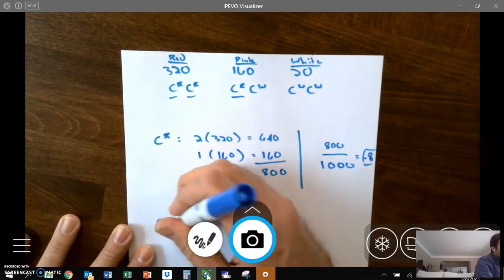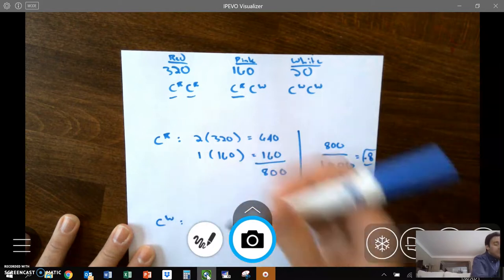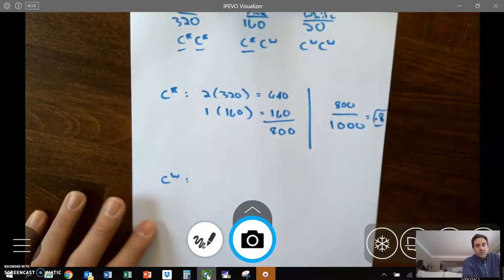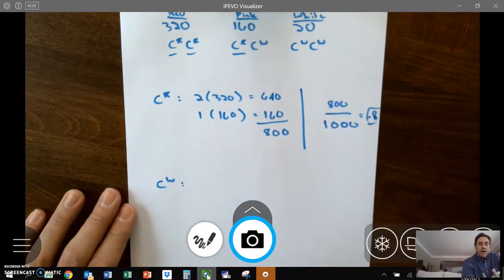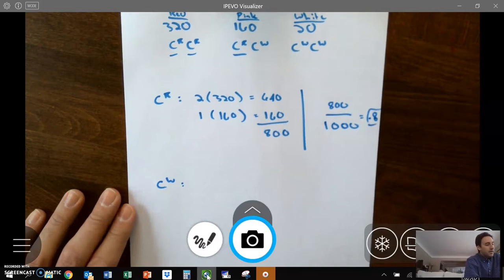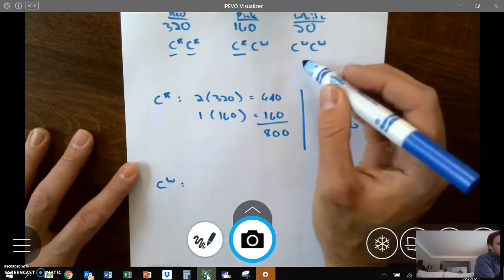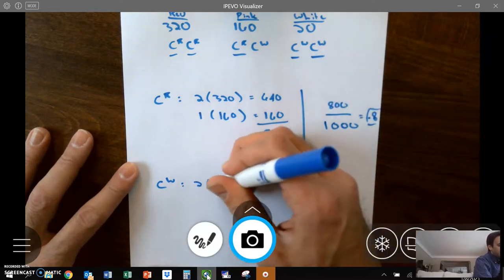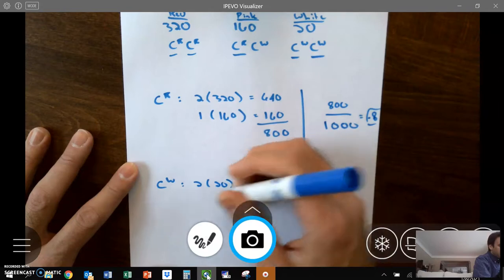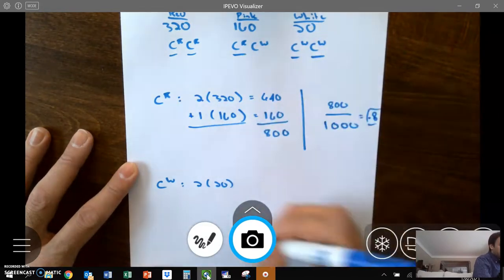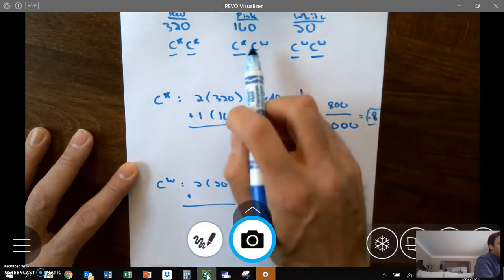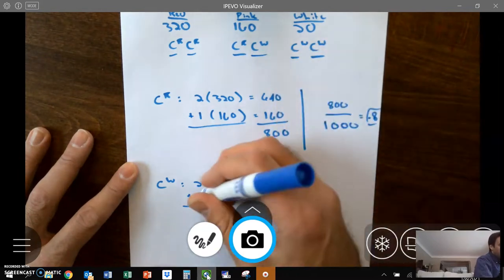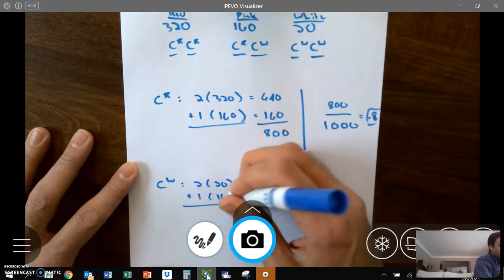We could repeat that analysis for CW, and it may not be a terrible idea for you to pause the video and see if you can do it on your own. But I'm going to go ahead and do it a little bit more quickly. For CW, we have 20 individuals who each have 2 copies, so 2 times 20, plus 160 individuals who have 1 copy, so 1 times 160.